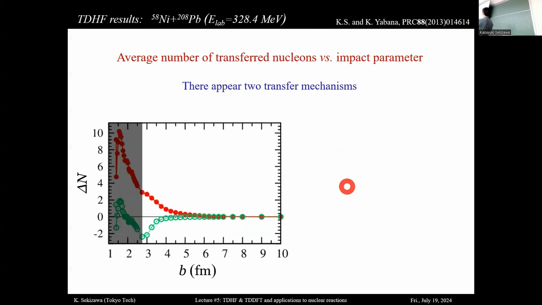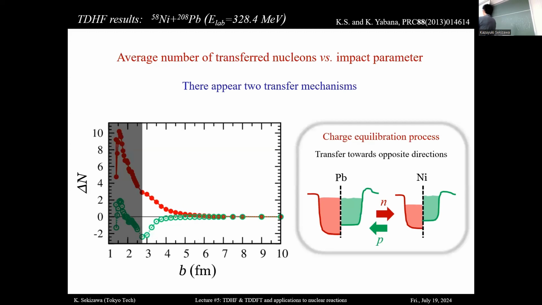Let's look first at the region where the impact parameter is relatively large. In this case, the red and green symbols show opposite signs. So neutrons and protons are transferred in opposite directions, which can be understood as a charge equilibration process.